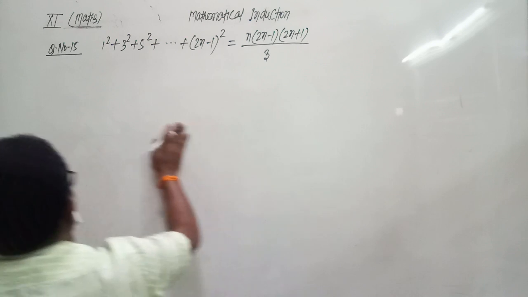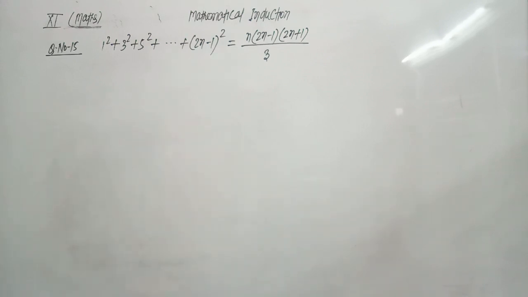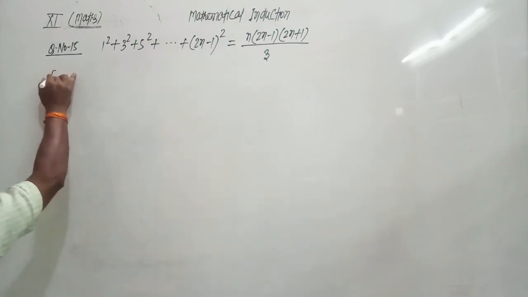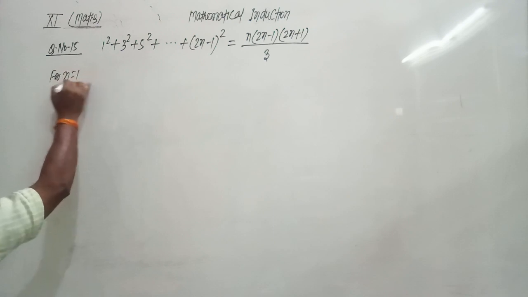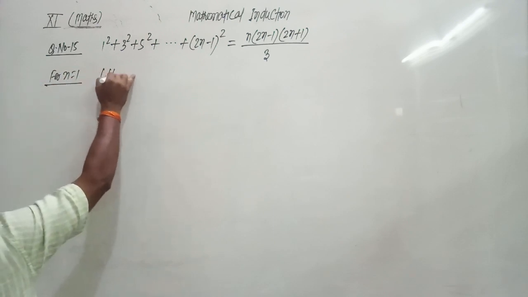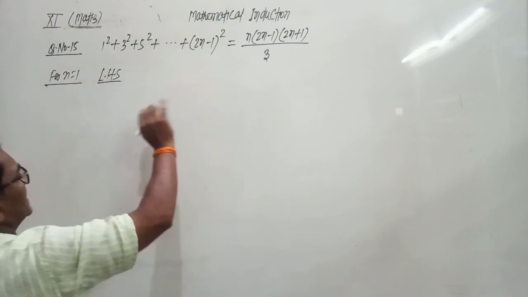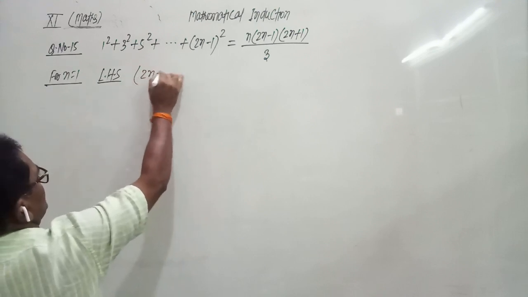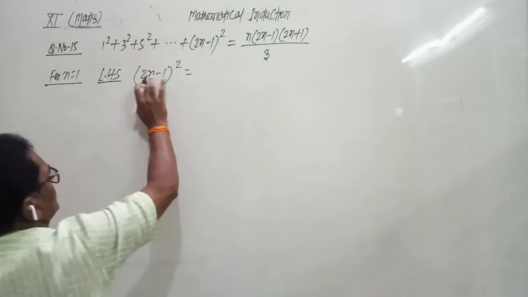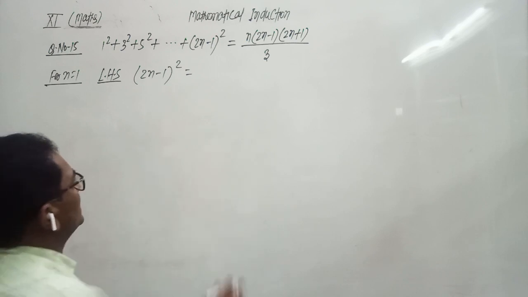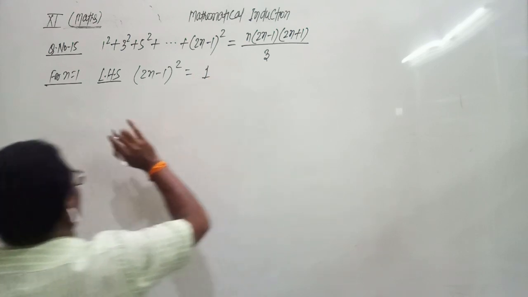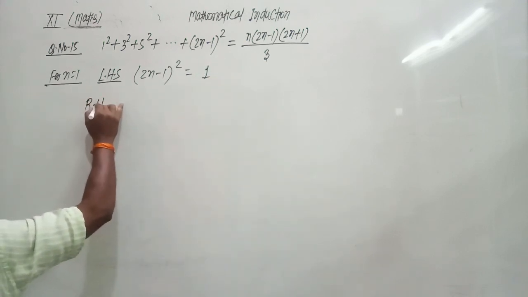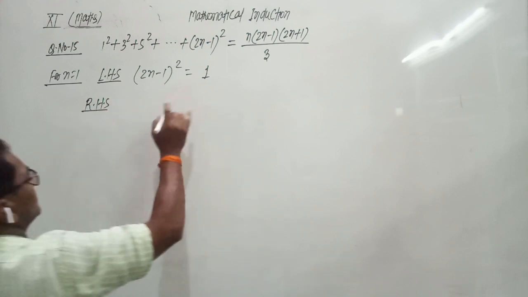So first we prove it is true for n equals 1. For n equals 1, we put the value of n equals 1 in the LHS, which is 2n minus 1 the whole square. So 2 into 1, 2 minus 1, 1 the whole square, 1. And in RHS, we put n equals 1.